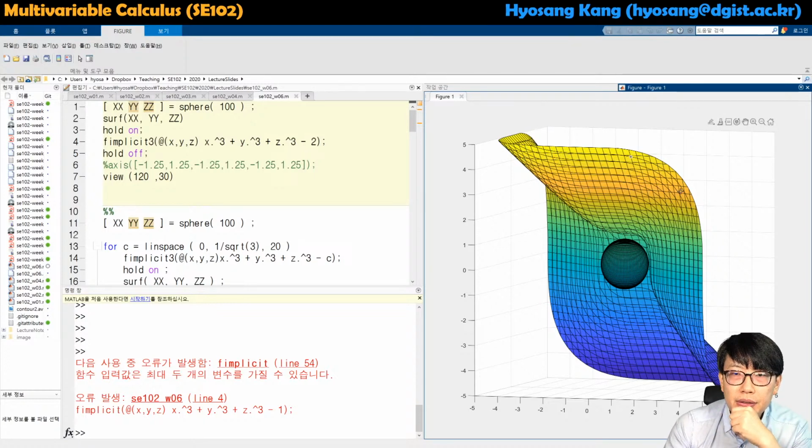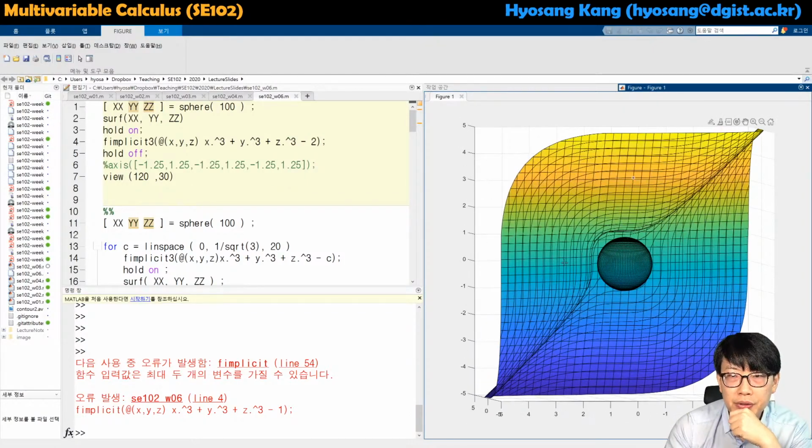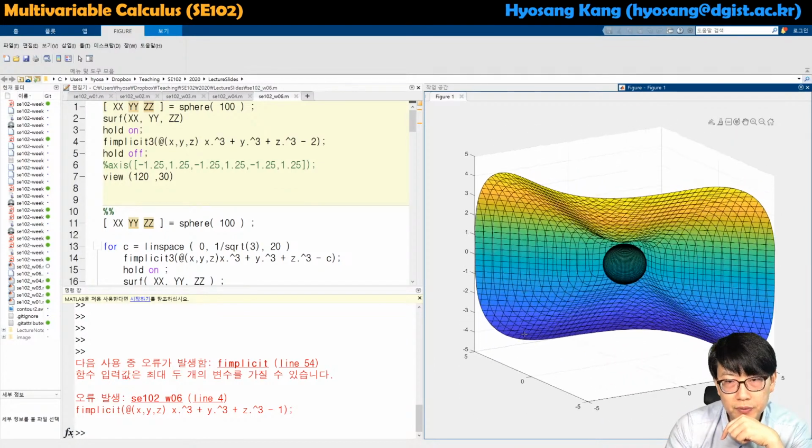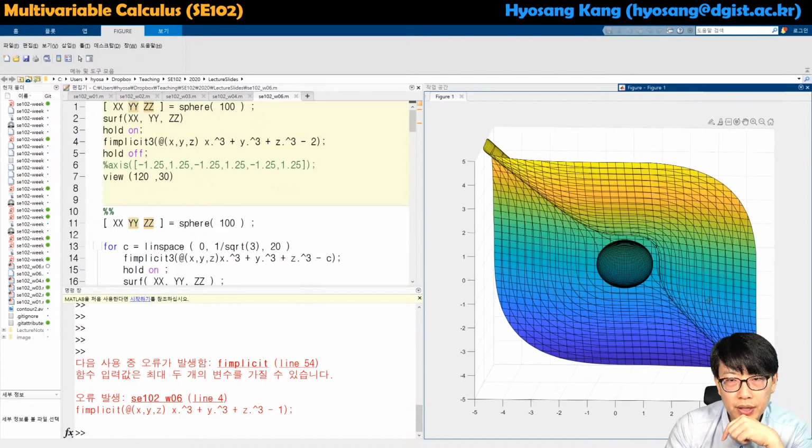So this surface, not the sphere, has all the same value of the function f, which equals 2. At every point on this surface, you plug into the function f, the value is 2. And you see there's no touching between this surface and the sphere.